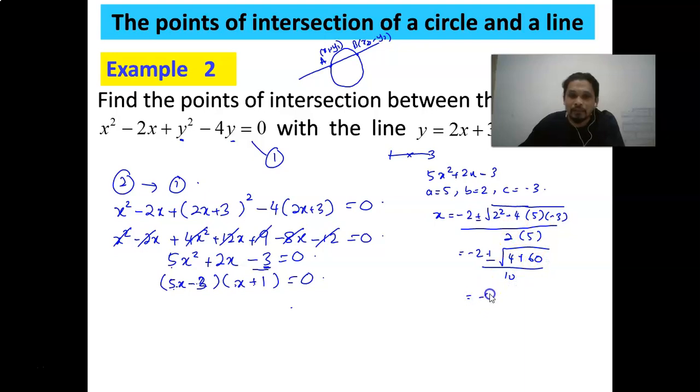So then -2 plus minus square root of 60 plus 4 equals 64, divided by 10.